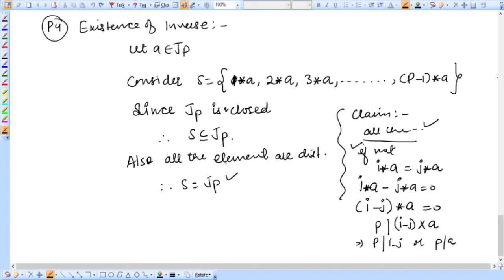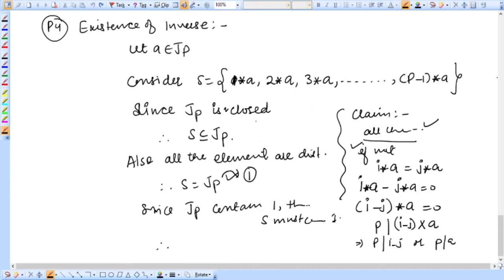Since we know JP contains 1, therefore S must contain 1. JP contains 1, so what will S also contain? 1 will come. So there must be some element in this which is equal to 1.